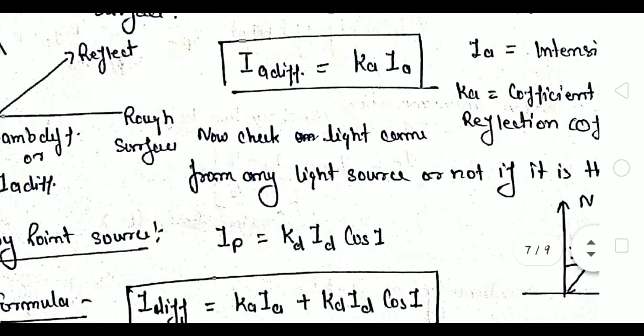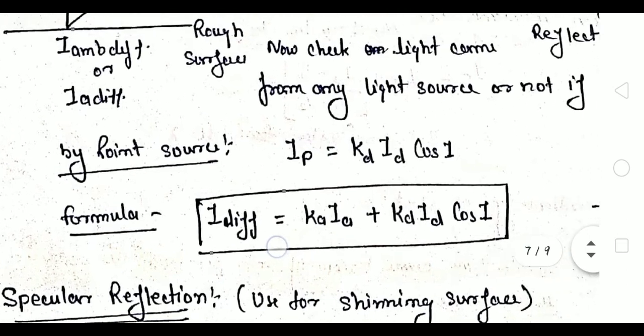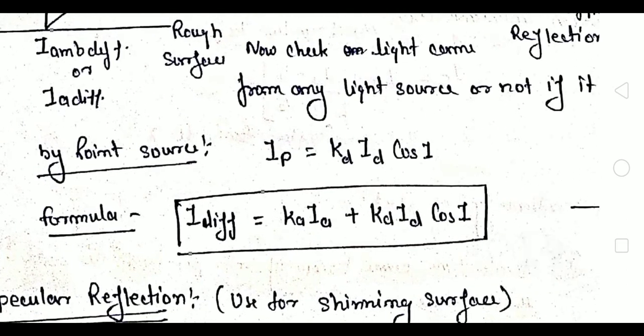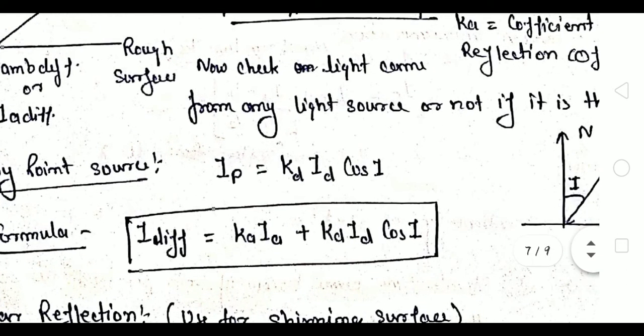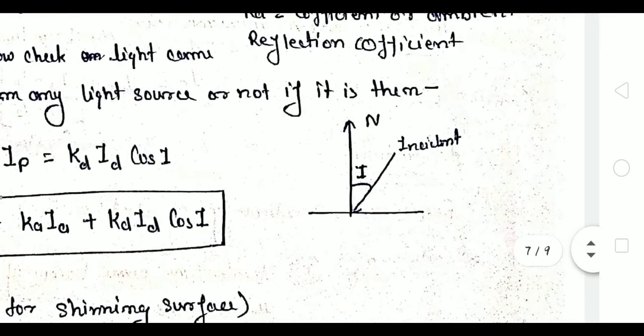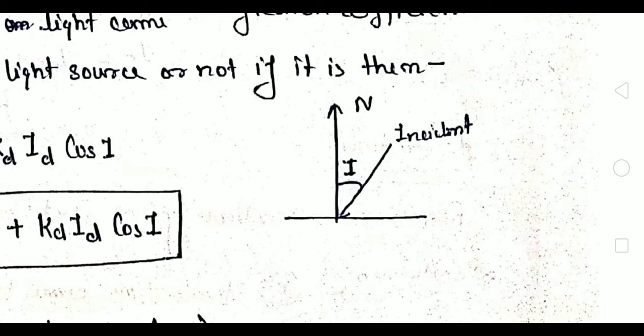For that purpose we have to find this value also by point source. For example, the point source value is coming, and at that time the reflection is N.